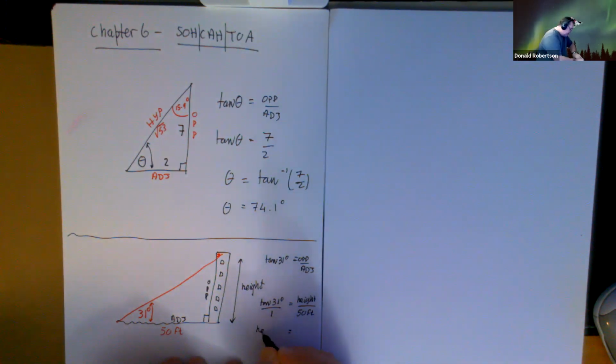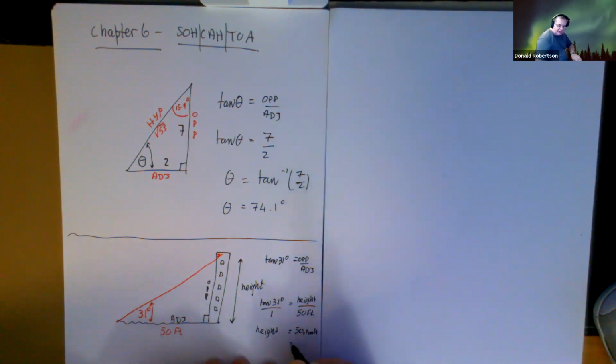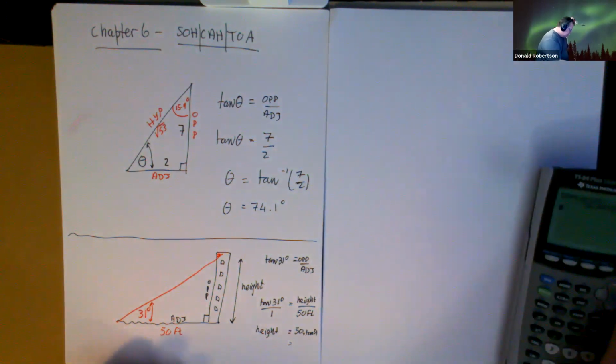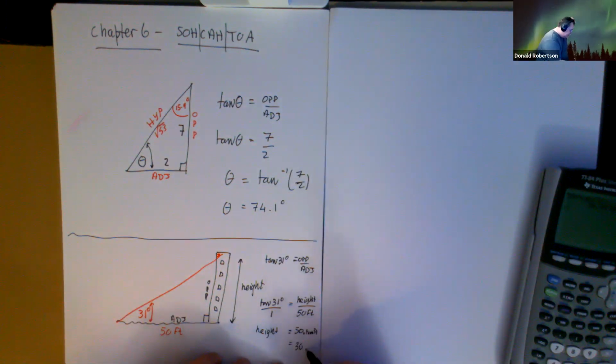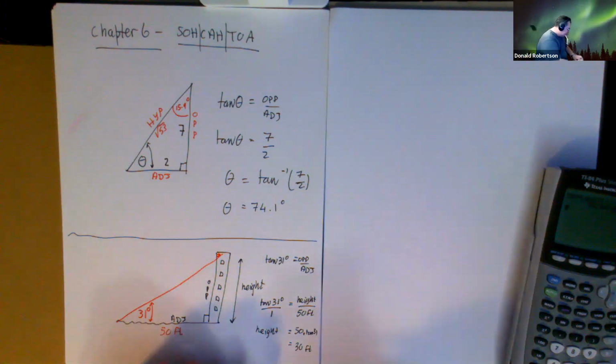So the height times 1 gets you that, and 50 times the tan of 31 gives you that, and 50 times the tangent of 31 is roughly 30 feet. It's actually 30.02 feet, but 30 feet will do.